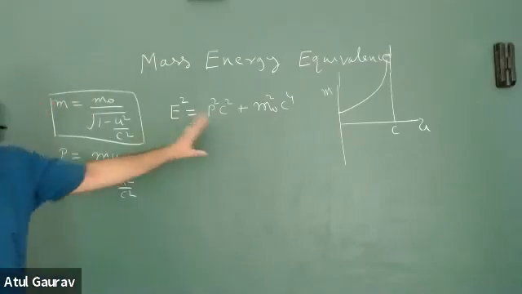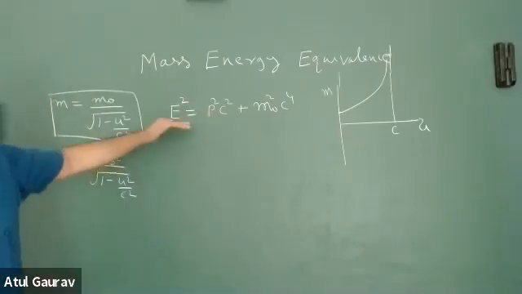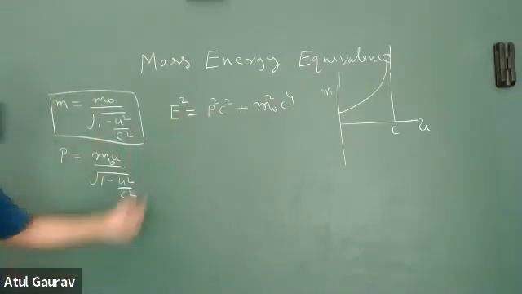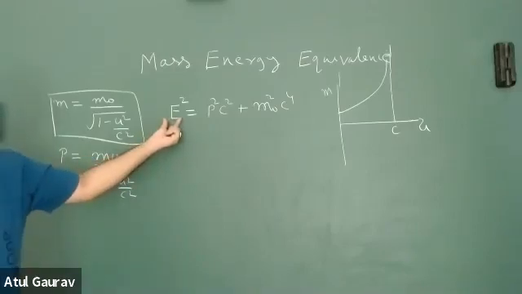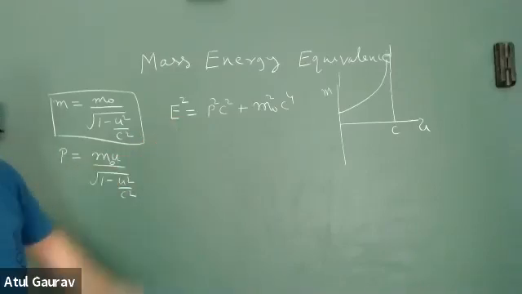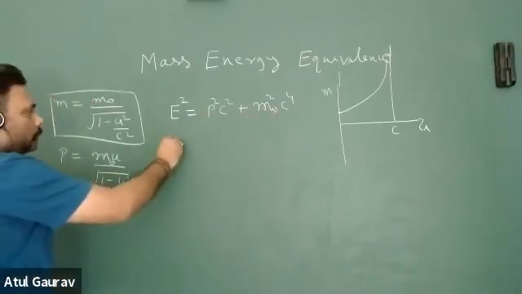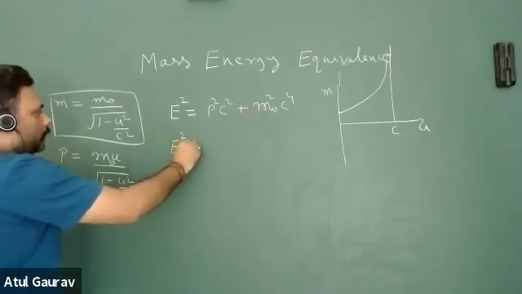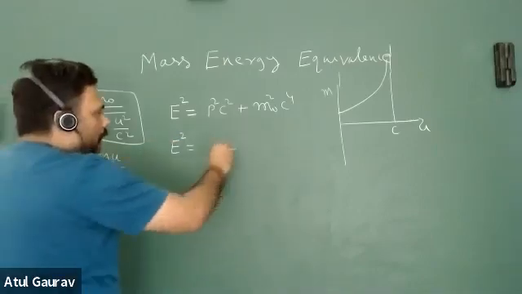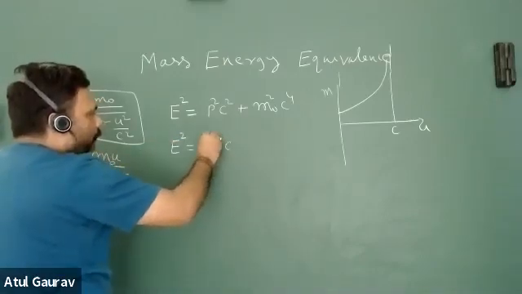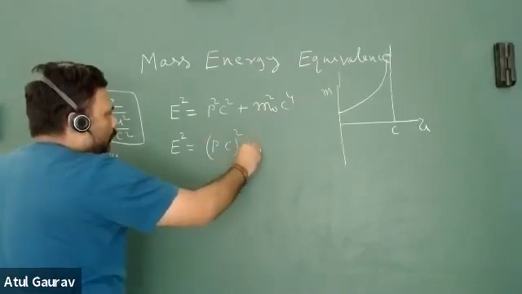Now look at this particular thing, this is very interesting. This term is E square, the total energy square. This term I can write as P into c whole square.